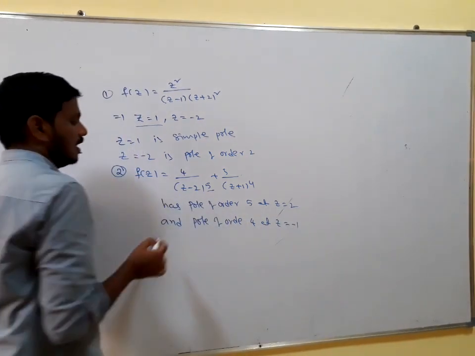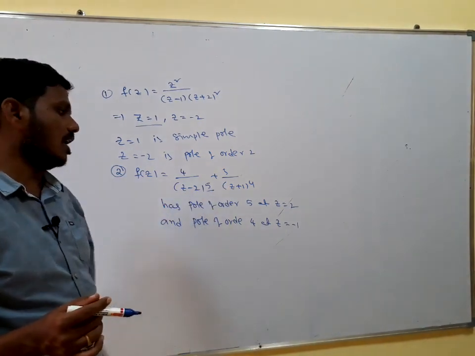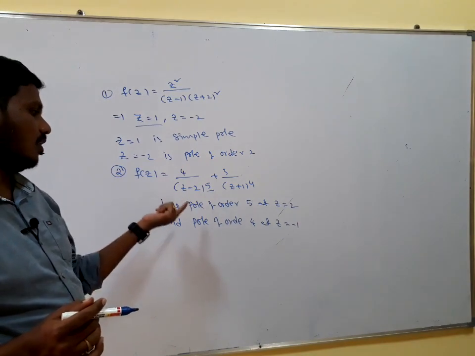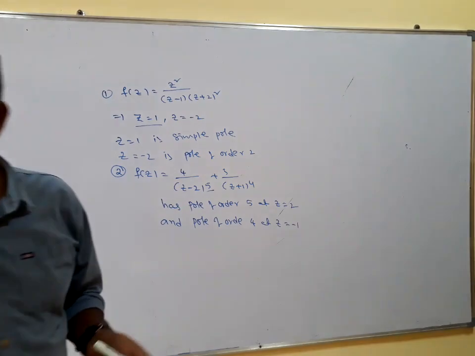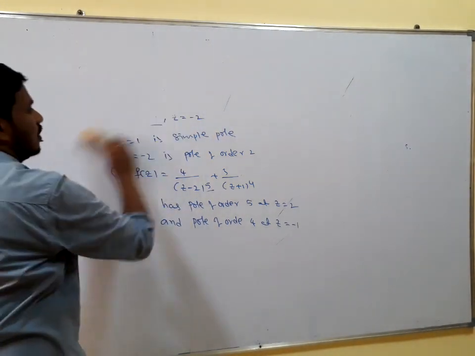Why? Because the function is not analytic at z is equal to 2 and not analytic at z is equal to minus 1. This is about pole of order m and simple pole.